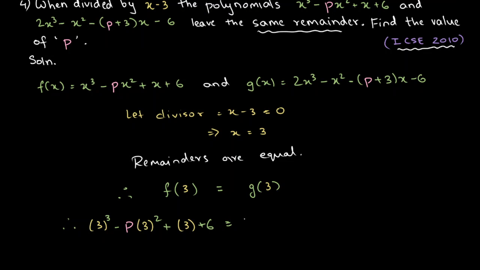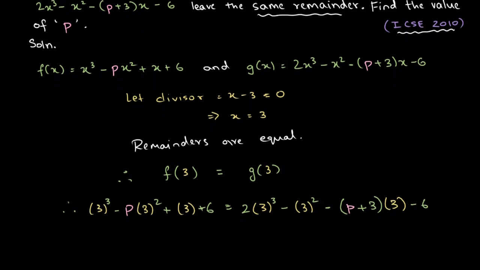So 2 times 3 cubed, minus 3 squared, minus (p plus 3) times 3, and minus 6 at the end.